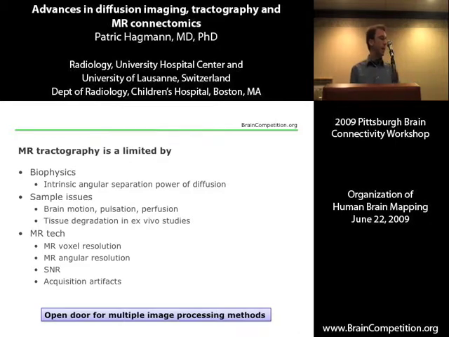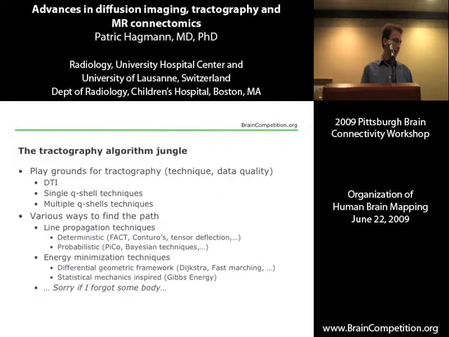And aware of all these limitations, this left an open door for multiple image processing methods for tractography. And this is what I call the tractography algorithm jungle. There are tons of different clever solutions to tackle these difficult inverse problems, depending on what playground for tractography is used: DTI, multi-shell or single-shell techniques, different approaches for tractography.